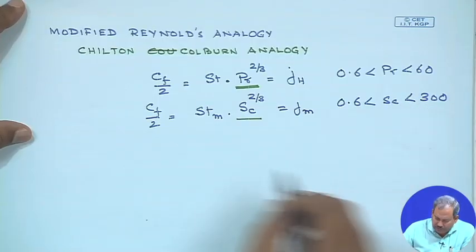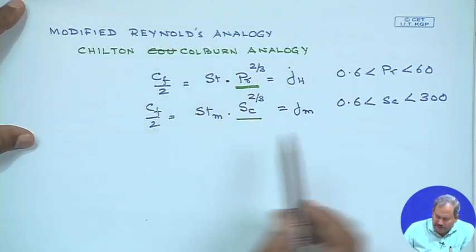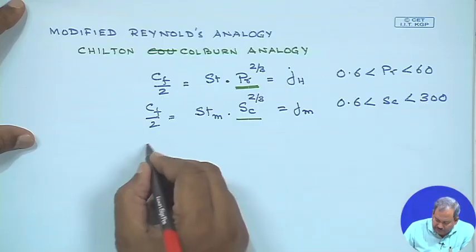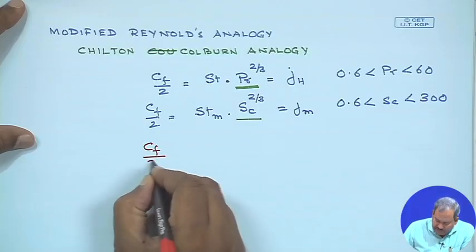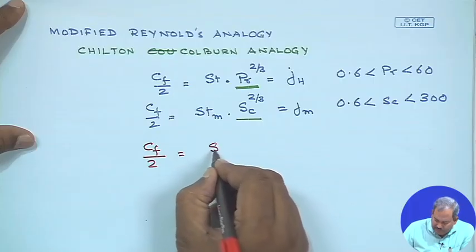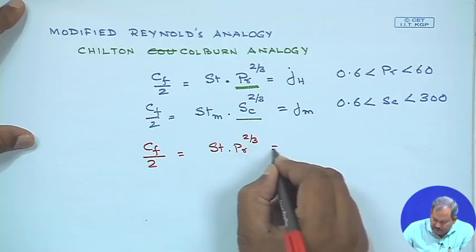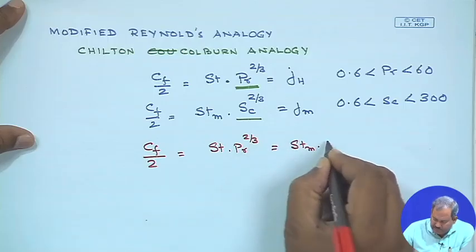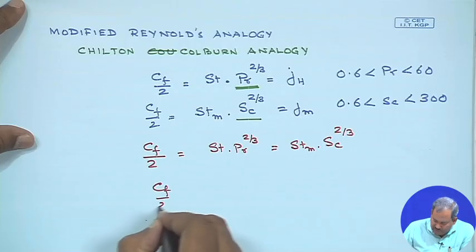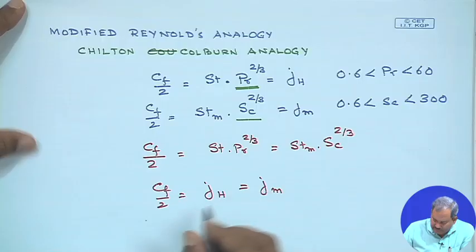So, therefore, the modified Reynolds analogy or Chilton-Colburn analogy, which is valid over a wide range of Prandtl number and Schmidt number, is expressed as Cf, the friction factor by 2, is equal to Stanton number times Prandtl number to the power 2/3, equals Stanton number based on mass times Schmidt number to the power 2/3, or Cf by 2 is equal to Jh equal to Jm.